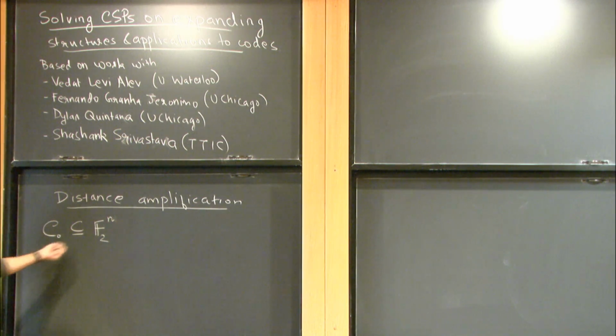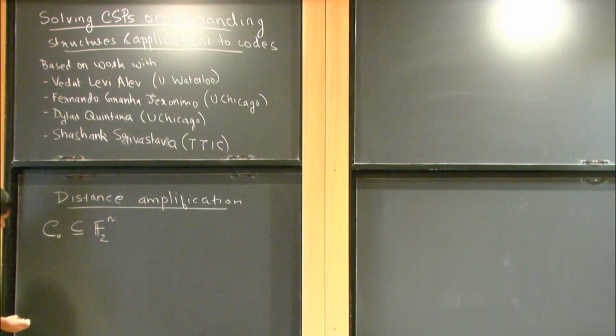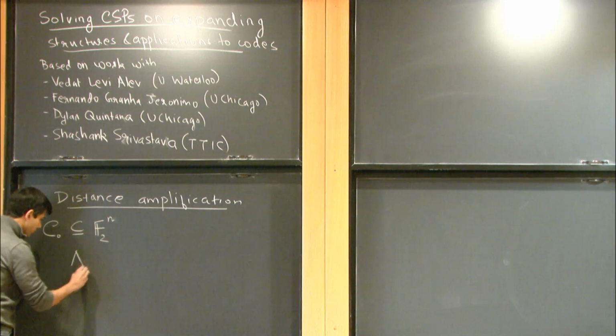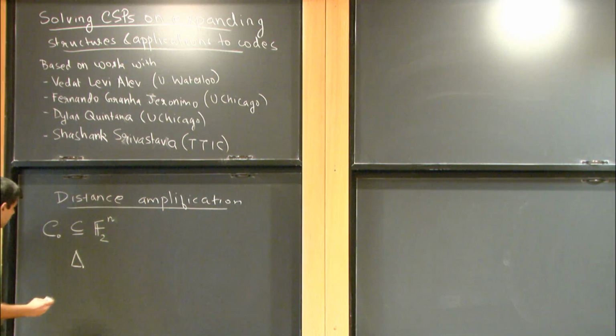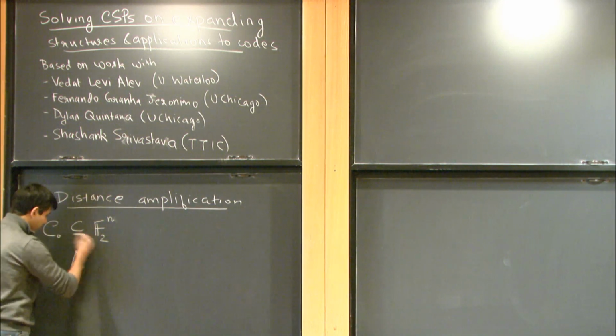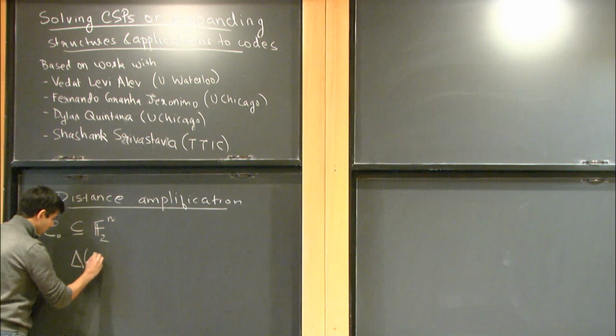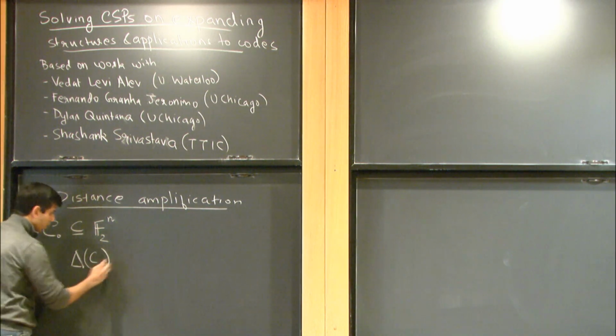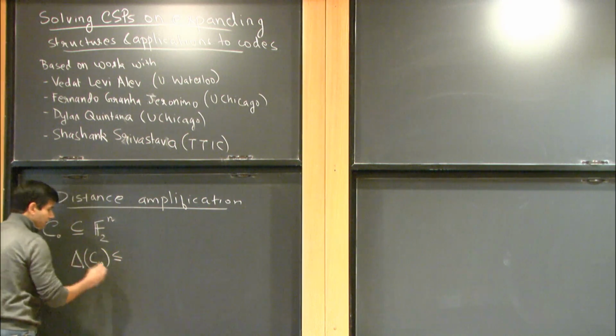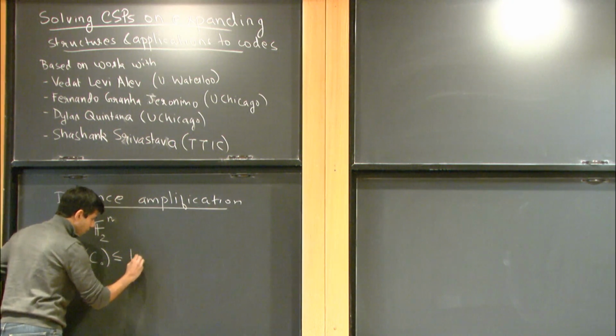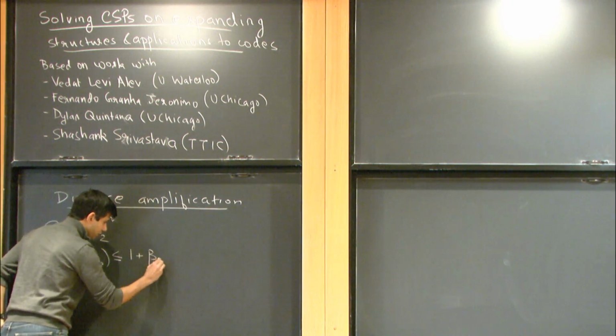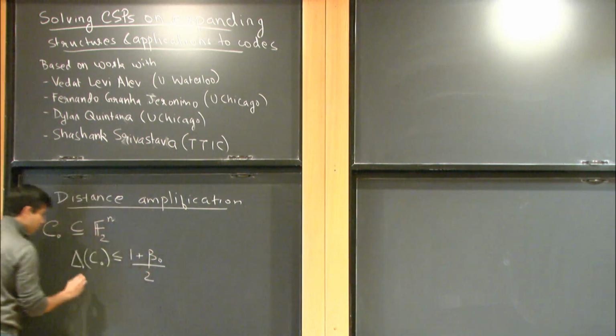So each element is an n-bit string. And let's say the distance of the code, which is the minimum distance between any 2 elements of the set, which I'll denote delta C0, is at most 1 plus beta 0 divided by 2.